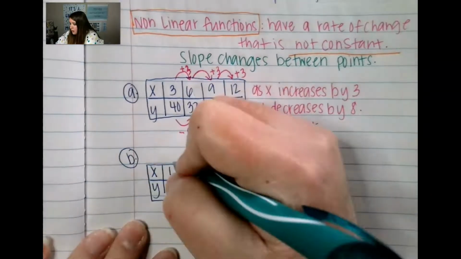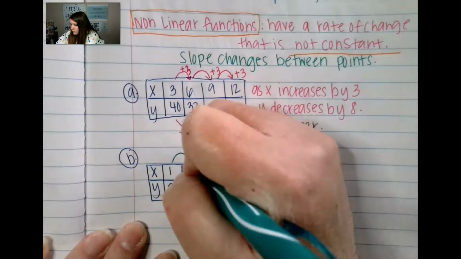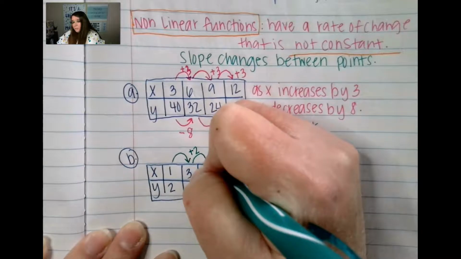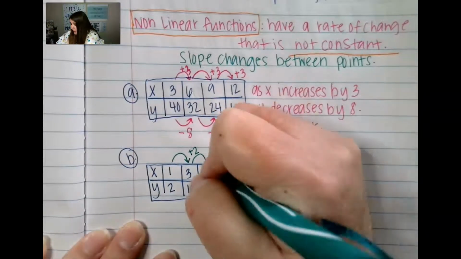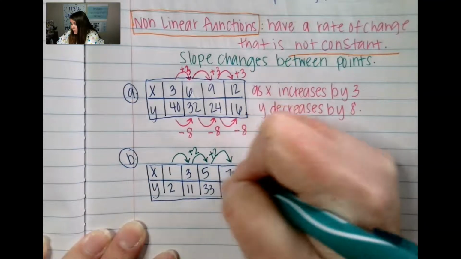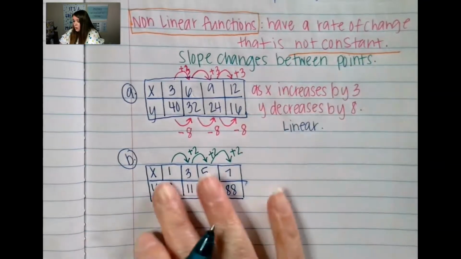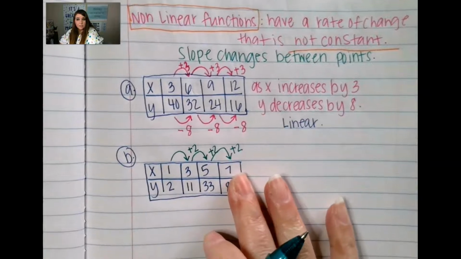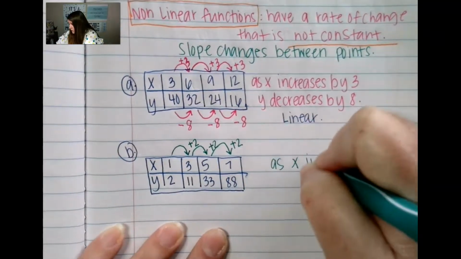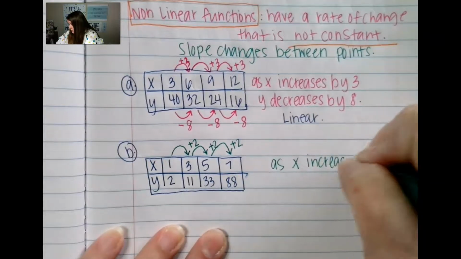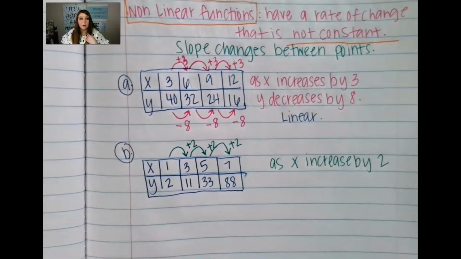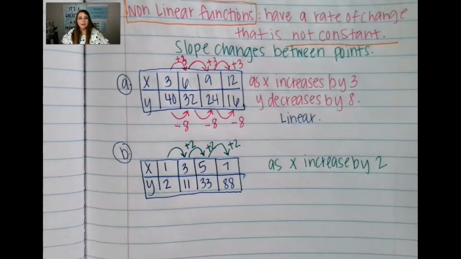In this example, our x values, to go from 1 to 3, we are adding 2. To go from 3 to 5, again, you're adding 2. So far, we're seeing 5 to 7, we're adding 2. Our x values are constant. So let's write that. As x increases by 2, let's talk about what happens to the y value.